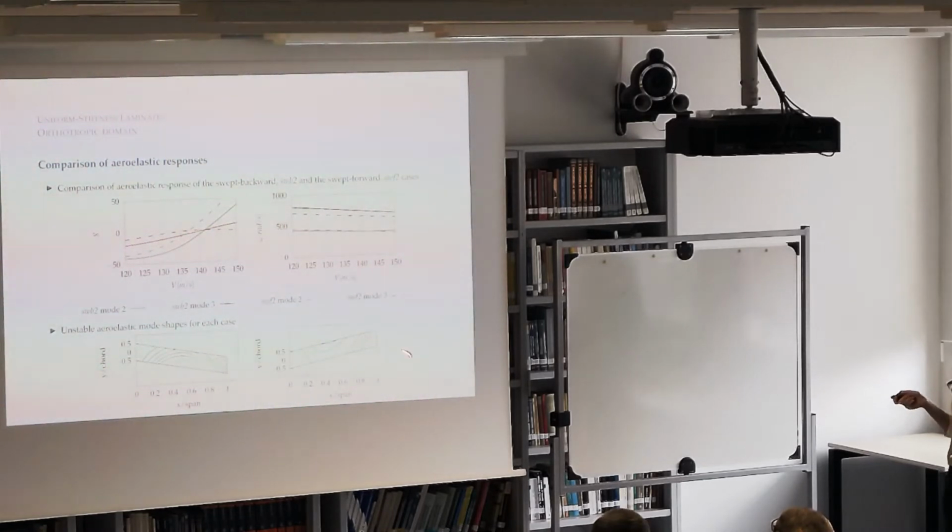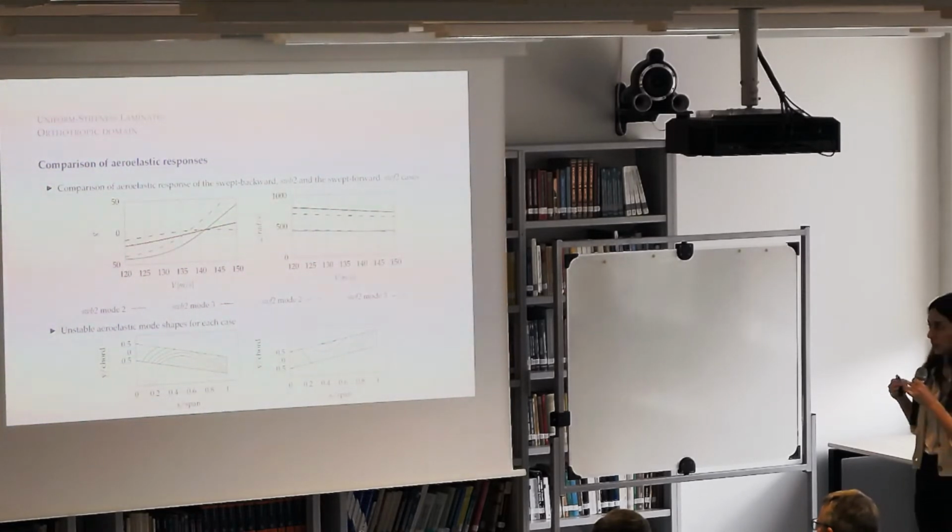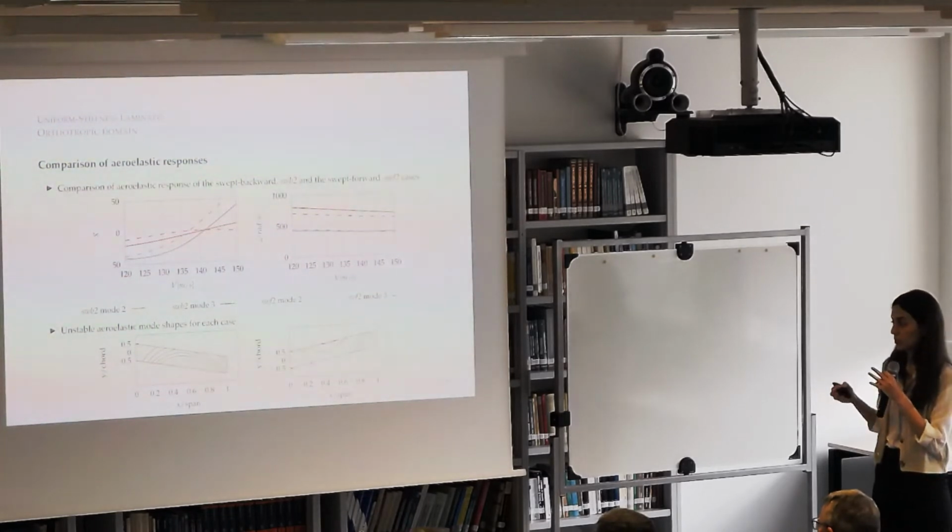If we look at the mode shapes of the unstable modes, we can see that for the swept backward wing, it is the third aeroelastic mode, and for the swept forward wing, it is the second aeroelastic mode that becomes unstable. But again, it's only a matter of a few meters per second for the next mode to become unstable.